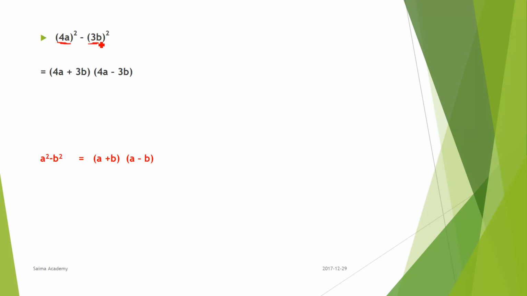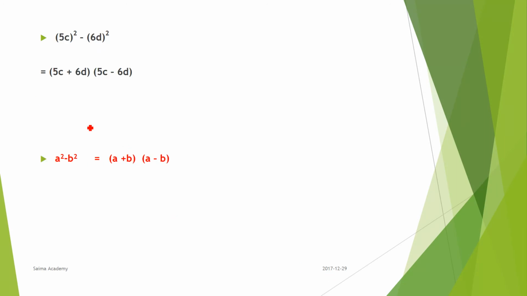Do not take only b, 3b. Instead of a, we have 4a. So first you have to write down 4a one time with plus, one time with minus. 4a plus 3b, 4a minus 3b, and this is the answer. If you multiply these, you will get the same thing back.